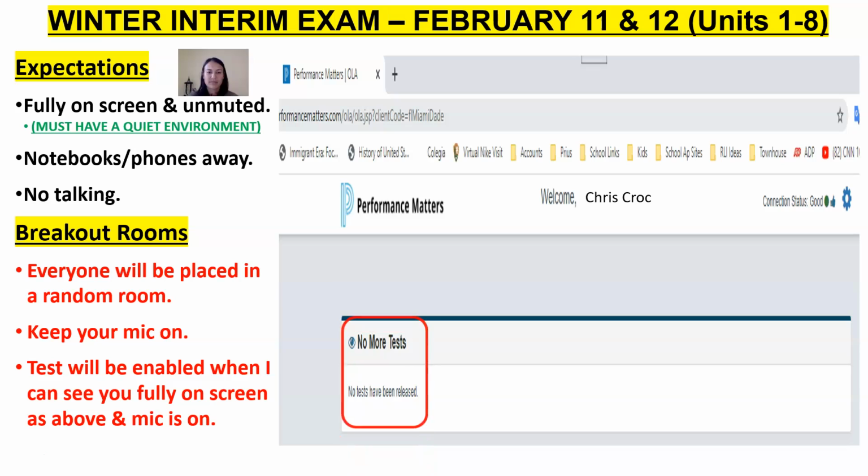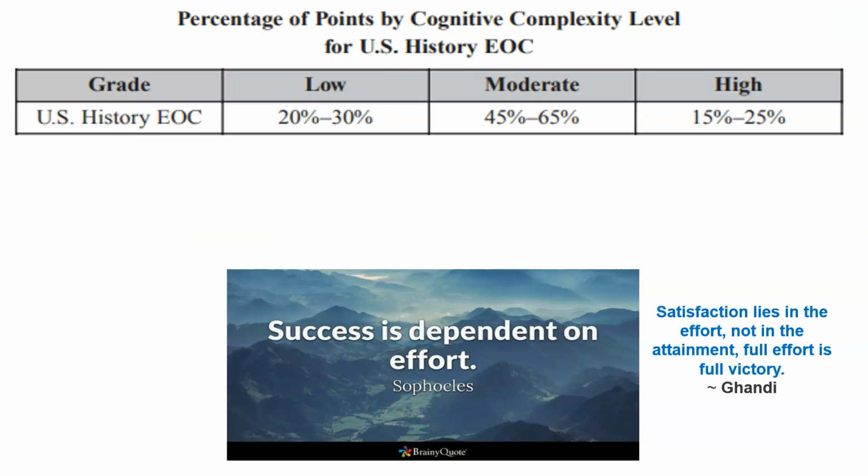It's going to take me a little bit to click everybody in, so be patient with that. As I go through the roster and the list of people I see on my screens, it will show up for you on the Performance Matters page. You might have to hit the refresh button for it to pop up, but once it's open and you see it there, go ahead and click. Do not worry about telling me to start. Once you're enabled, go ahead and click and start.